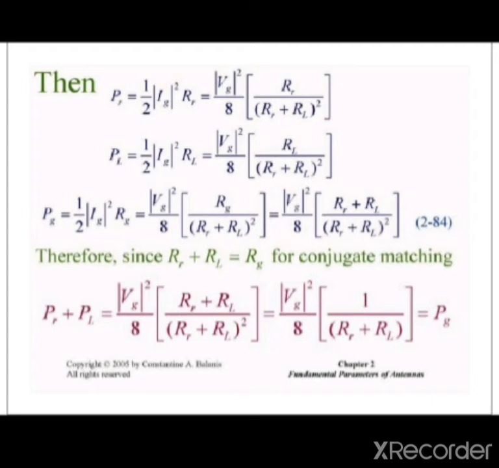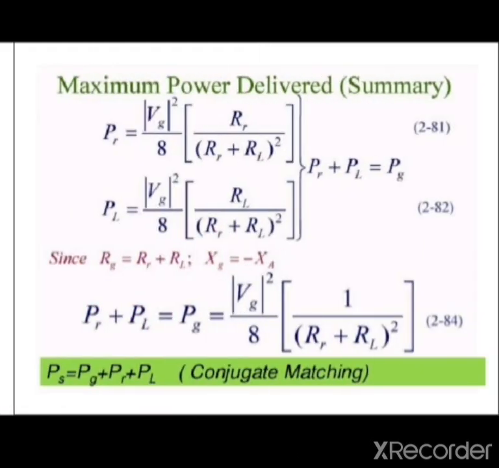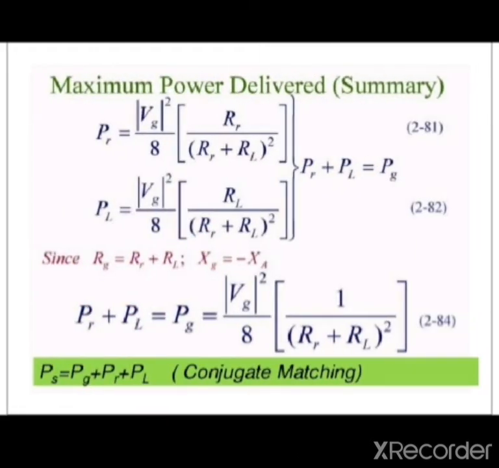Now the maximum power delivered: PR is Vg square by 8 into RR by (RR plus RL) whole square, which is the radiated power.